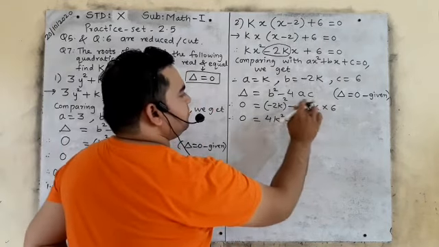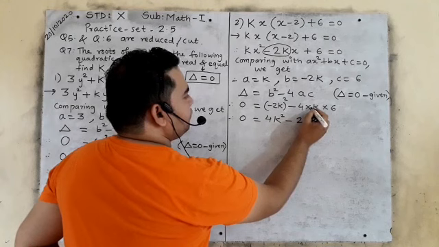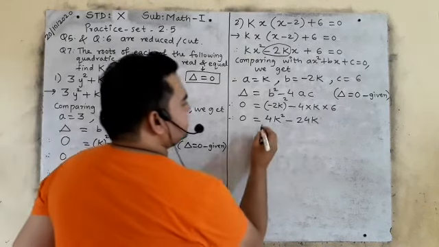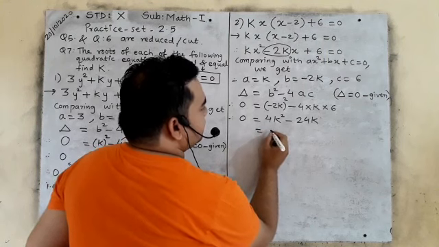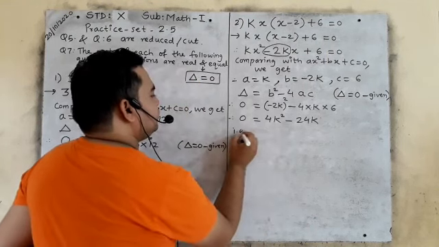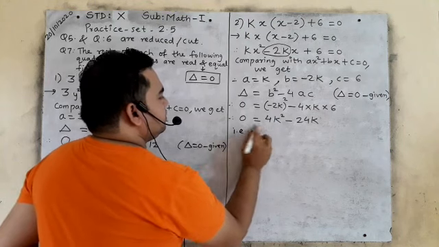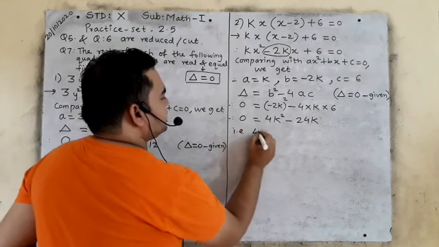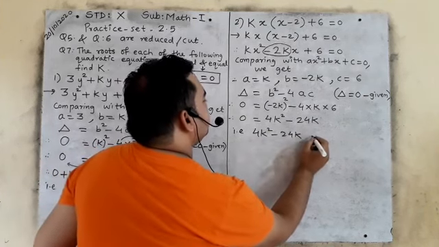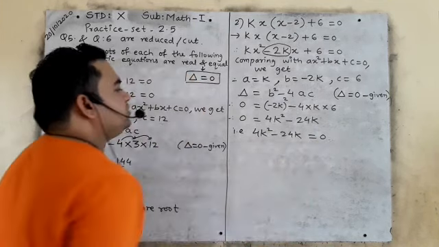It is very simple. See here, 4 sixes are 24. So you can write it in straight form: 4k square minus 24k is equal to 0.